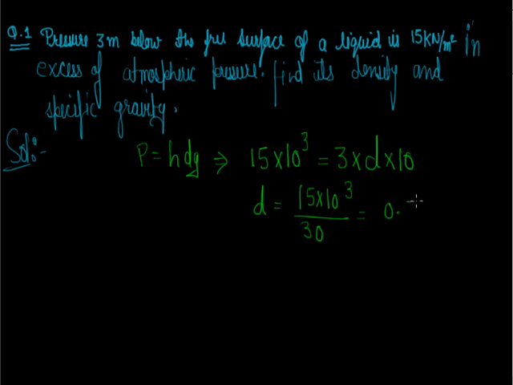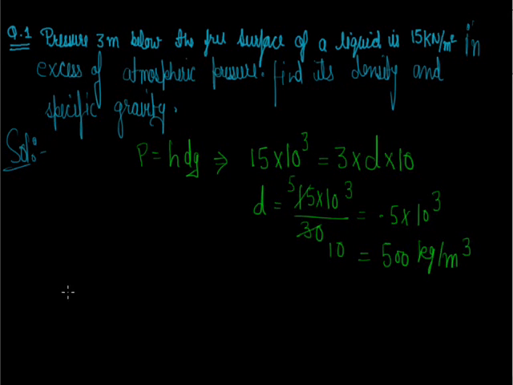It means 0.5 into 10 raised to power 3. By solving it, we get 500 kilogram per meter cube.